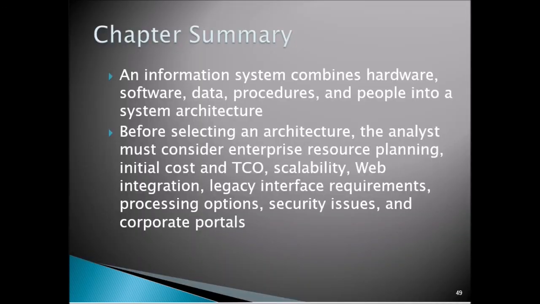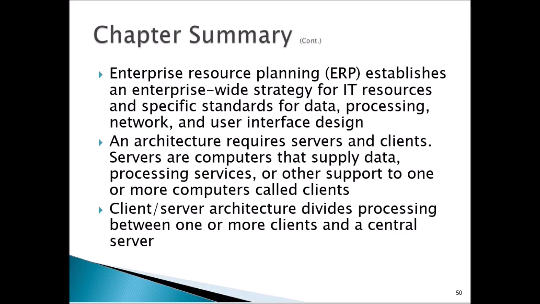Chapter summary. An information system combines hardware, software, data, procedures, and people into a system architecture. Before selecting an architecture, the analyst must consider enterprise resource planning, initial cost and total cost of ownership, scalability, web integration, legacy interface requirements, processing options, security issues, and corporate portals.